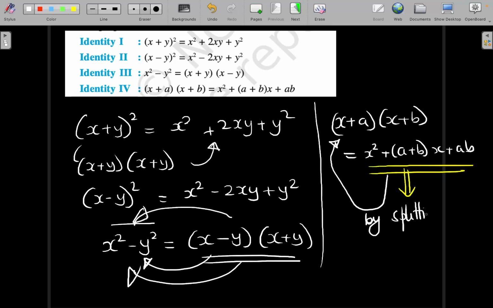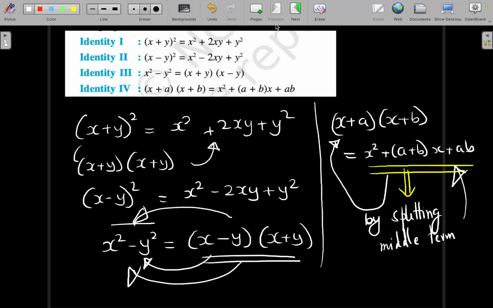So when you use the splitting the middle term method, you must be wondering why it works, and this identity is all you need to know to see why it works. So with that, we have done with the four basic identities.